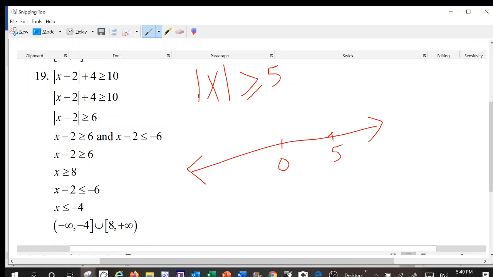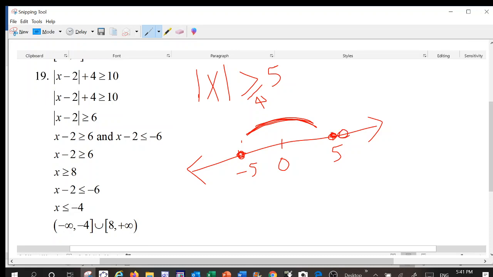So obviously 5 works, and then negative 5 works, right? Because the distance from 0 to 5 and negative 5 is 5 units, and we want that. Now, we cannot choose any number here because the distances to 0 are all less than 5.